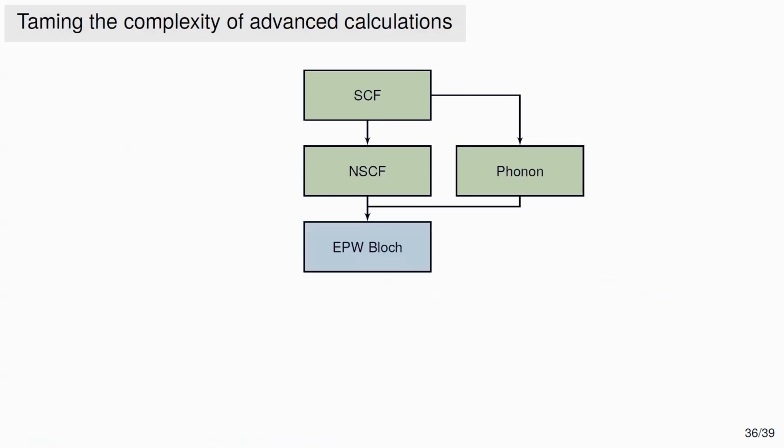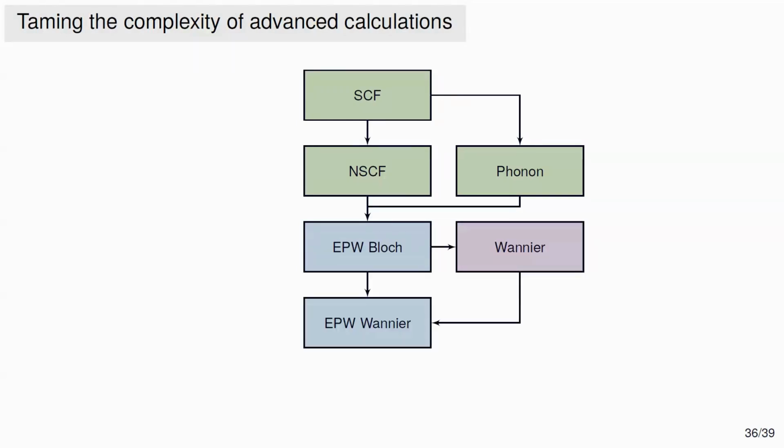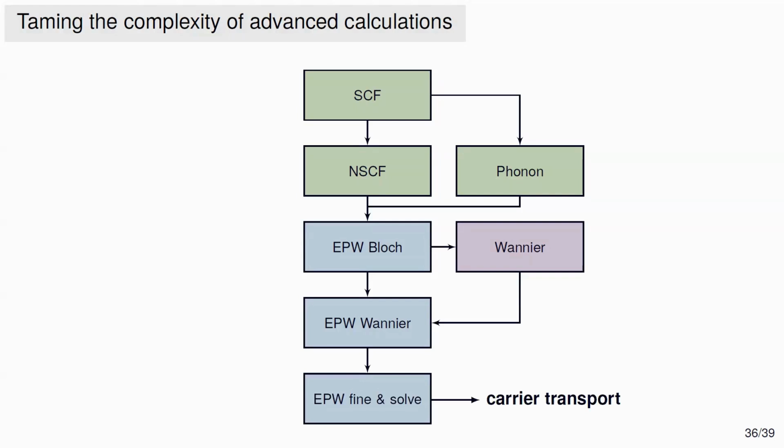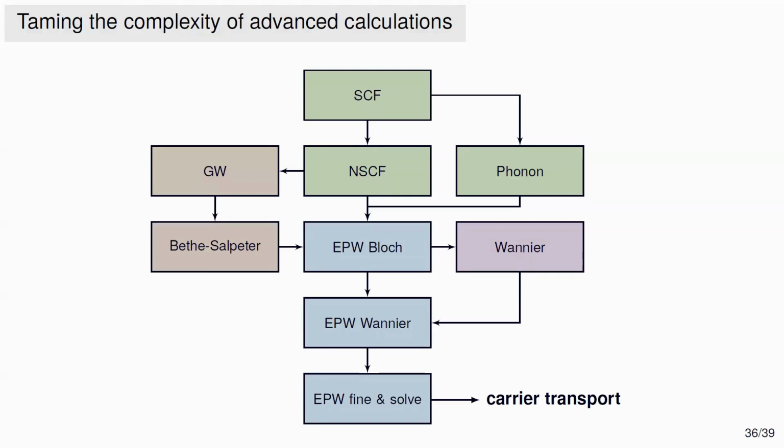But then this has to be paired with some kind of transformation to make the calculation of the phonon-electron scattering efficient, and this requires something called Wannier functions. And then out of that, you need to calculate carrier transport properties like the Boltzmann equation. And since DFT band structures are not very good, you need to use GW perturbation theory, which are essentially many-body methods. And to do all of this, each of these boxes is a bunch of files, input and output, where something can go wrong.